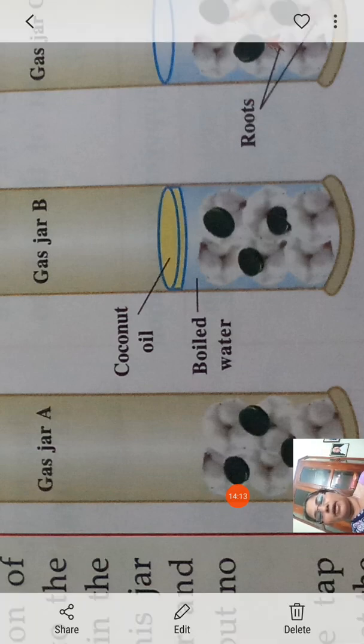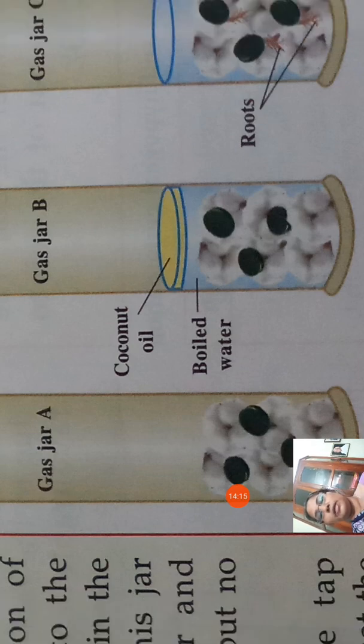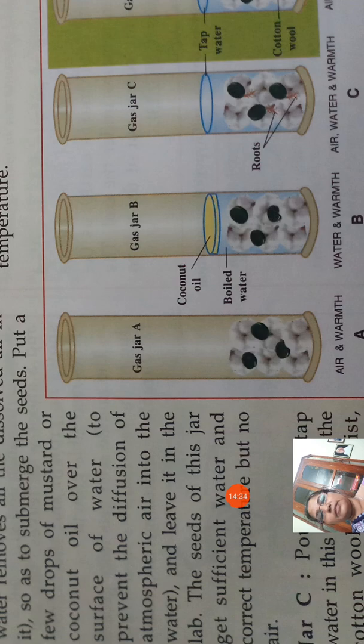That is why some coconut oil is used in jar B. So in jar B, even though water is present, the water does not contain air inside it. The air from the atmosphere is also prevented by the coconut oil. So the seeds inside jar B also will not germinate. If you observe it after three or four days, we can see that the seed will remain as we placed it inside the jar. It will not show any improvement.